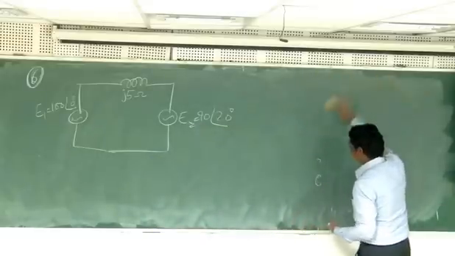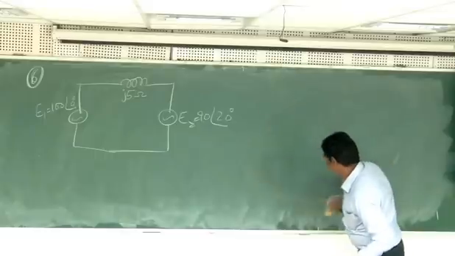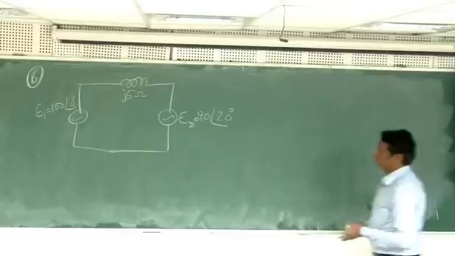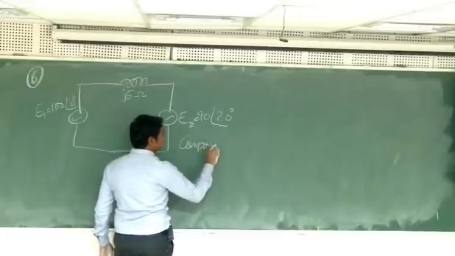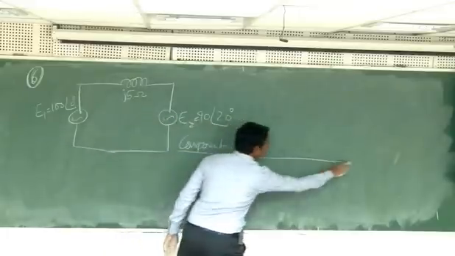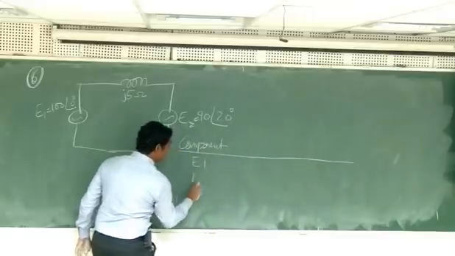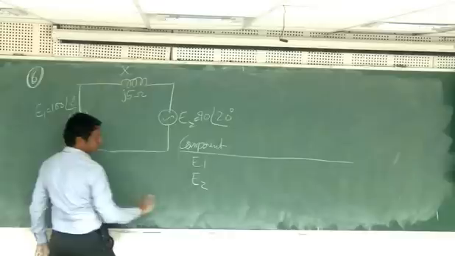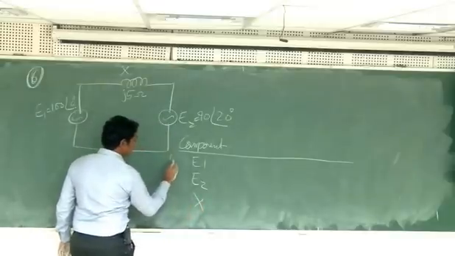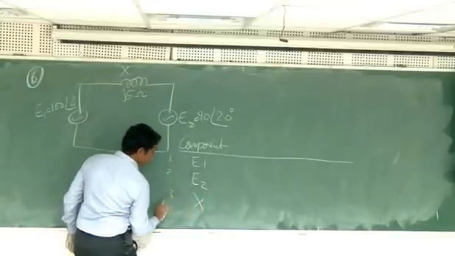I'll draw a table. We need to fill it up. The table is like this. Component. In words also I have given that. So E1, E2, and then let's call this X. So I have 3 components.